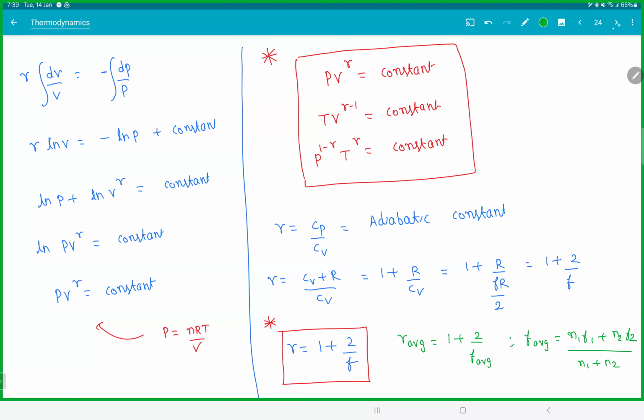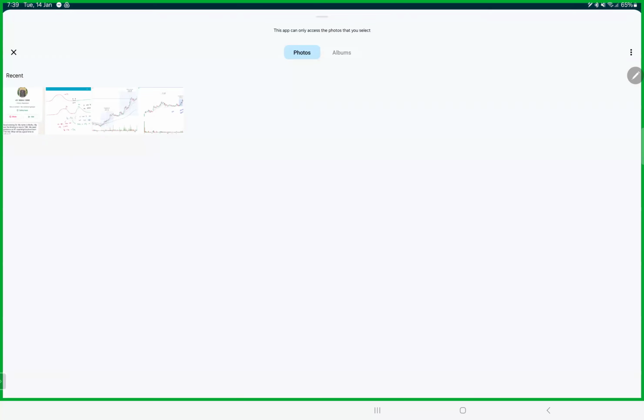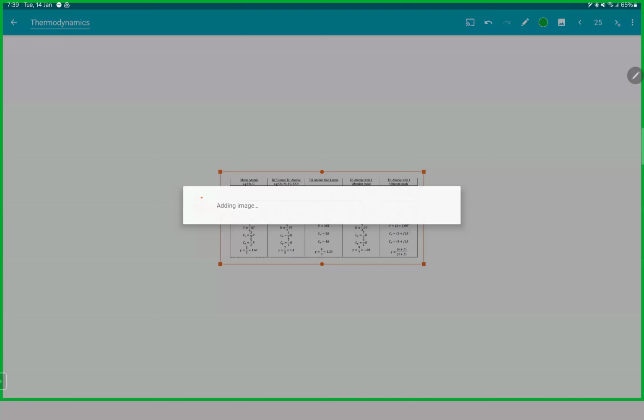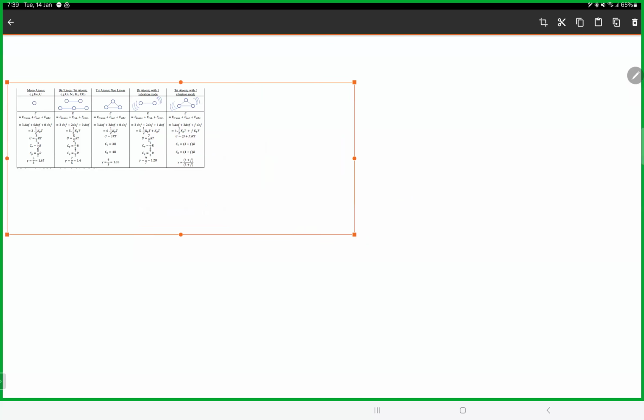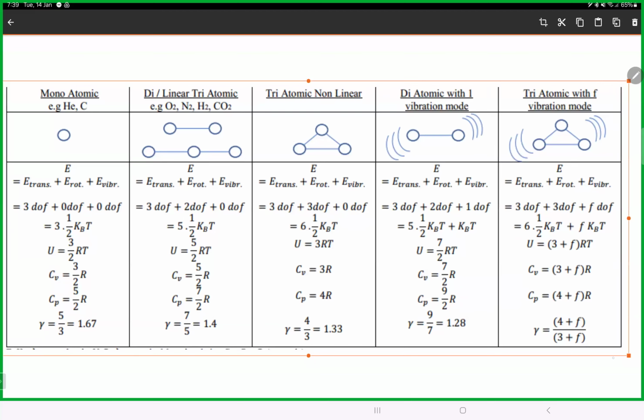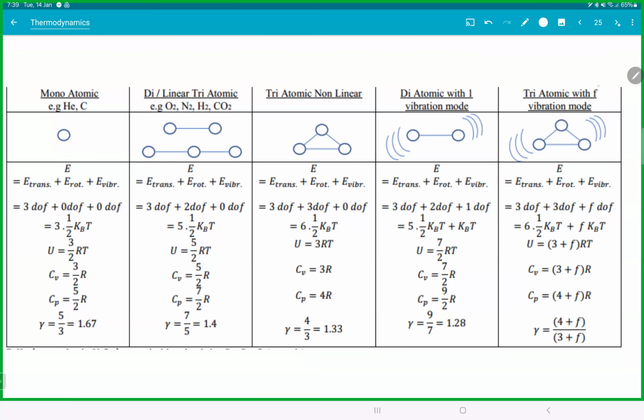Now, how to find that gamma and degrees of freedom, we did discuss this in KTG. I'll just show it again. This table, I hope you remember, we did last class only. There were small corrections also. This is not wrong, but this looks confusing for us sometimes.